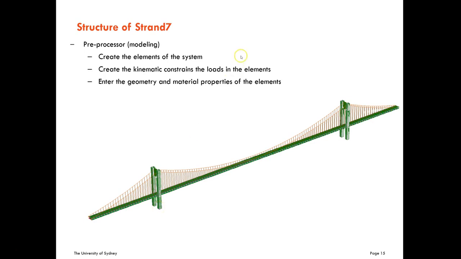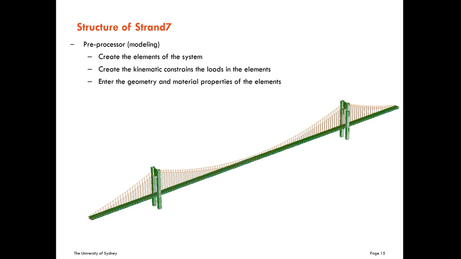And the loads can be dead loads, the gravity loads, the live load in the structure used by cars or pedestrian loads. You can include the wind loads, you can include the earthquake loads, etc. Then you have to enter the geometry of each element.